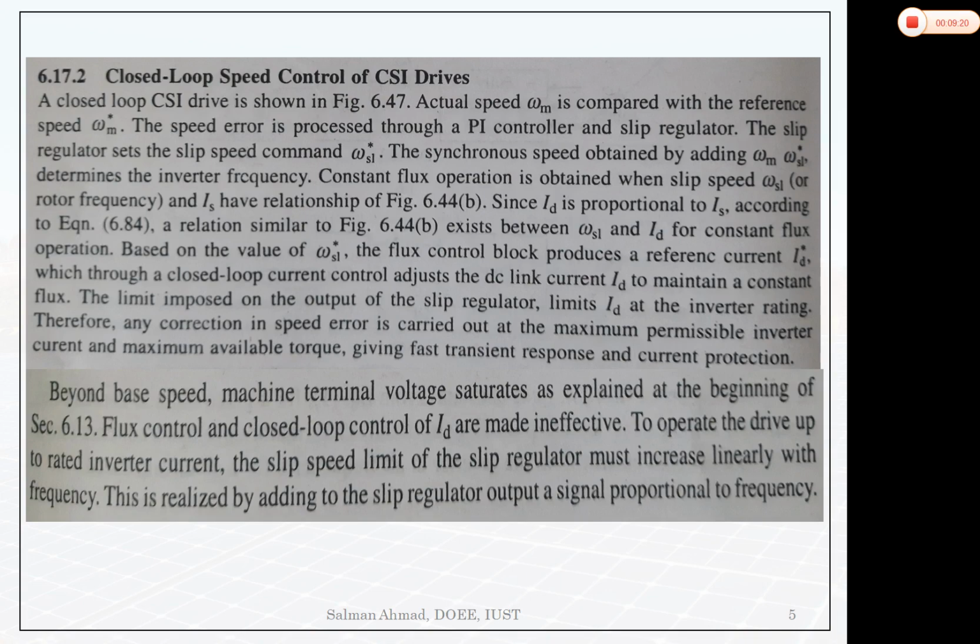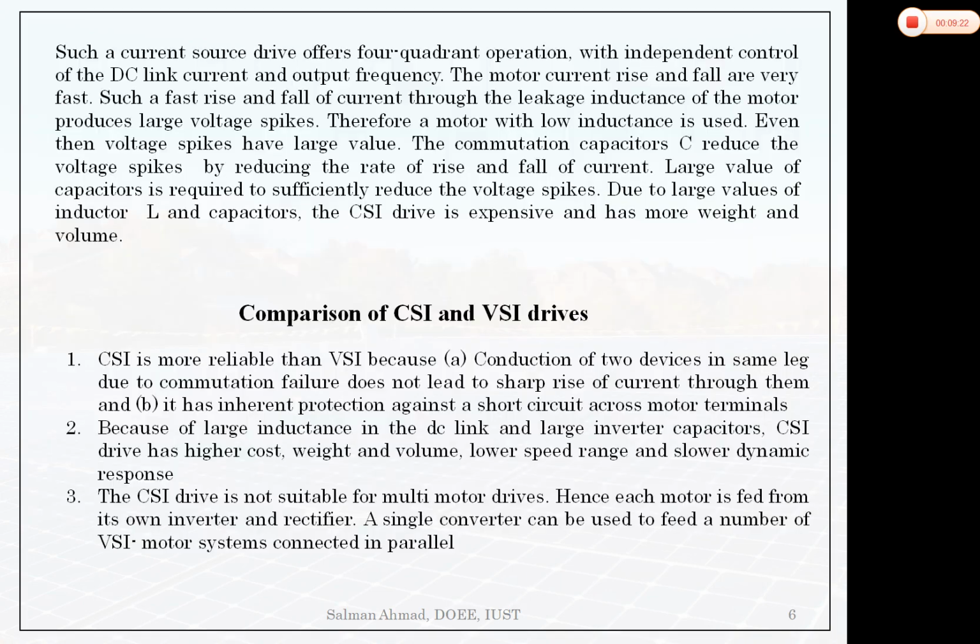The details are given here, you can read these details. Now such a current source drive offers four quadrant operation with independent control of the DC link current and the output frequency. The motor current rise and fall are very fast.